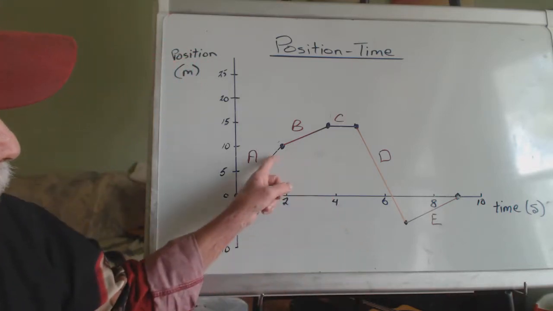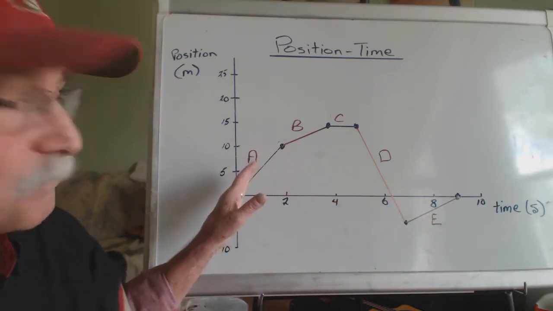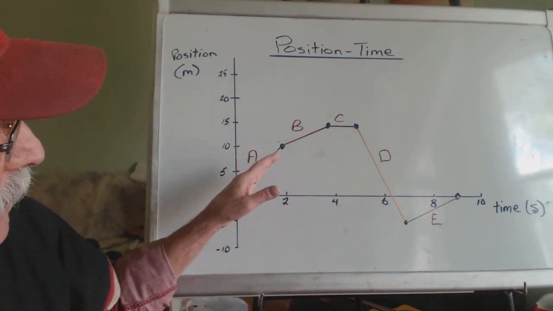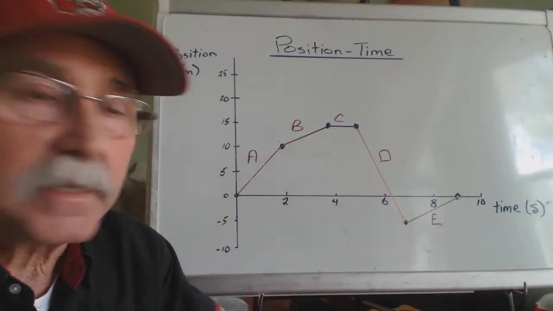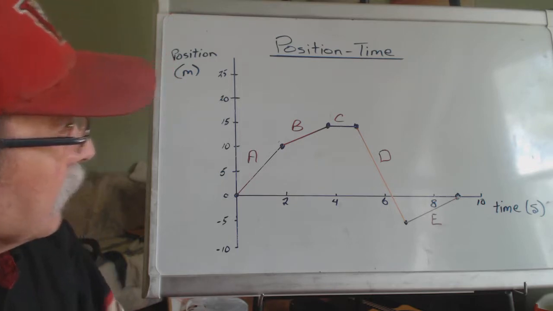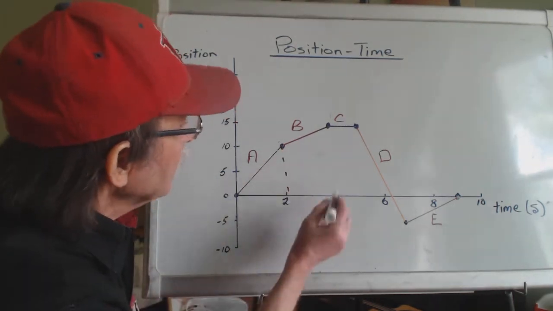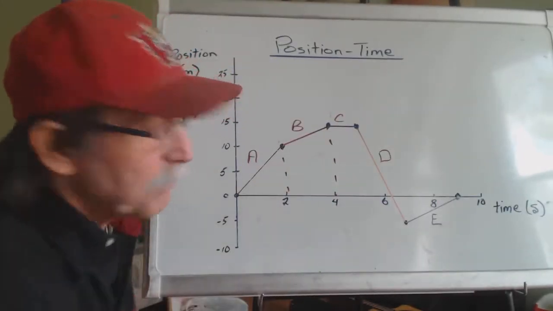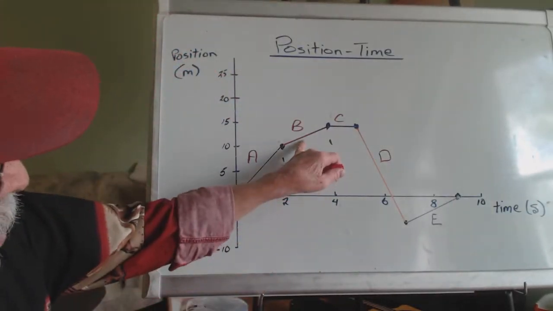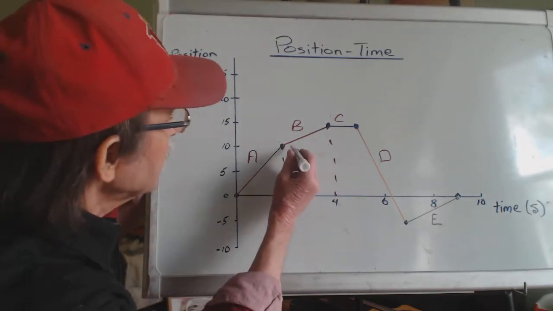So I want to solve all the different intervals, all the velocities, and I want to talk about it at the end. Let's just use B as an example. Interval B. Whoops, sorry. I'm not going to spend a long time on this, but the slope of B is easy to tell.